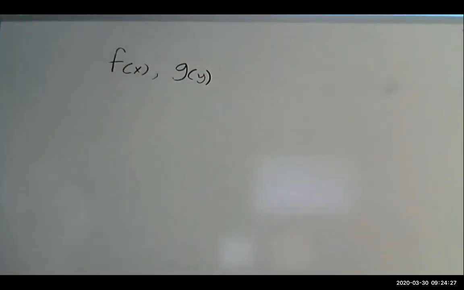Okay. But the main idea is we have some function, and this is not F times X. This is F of X, meaning you put something in to the input there, and F is the thing that you get out.